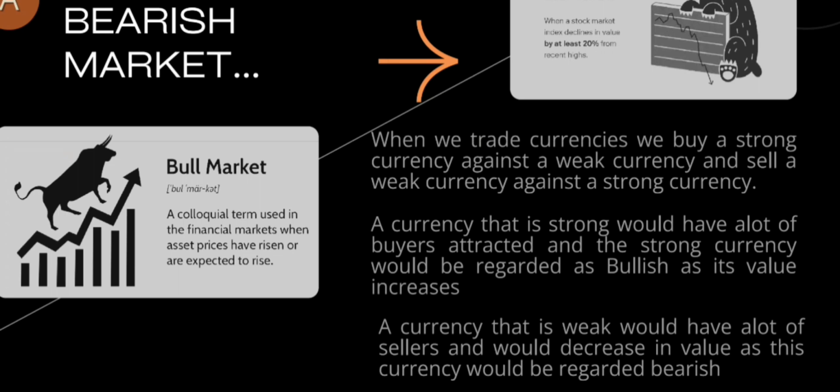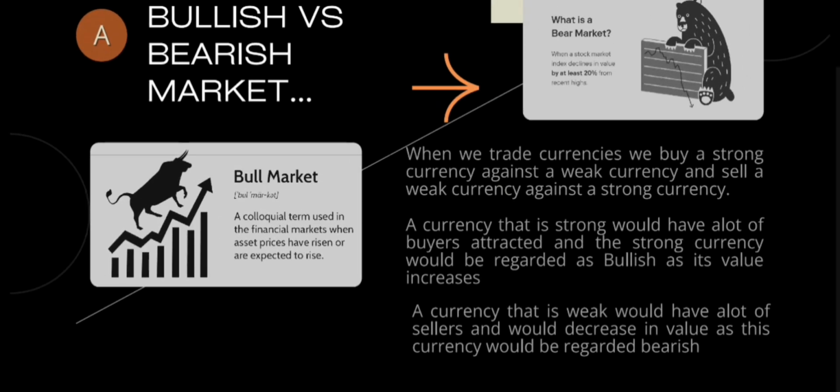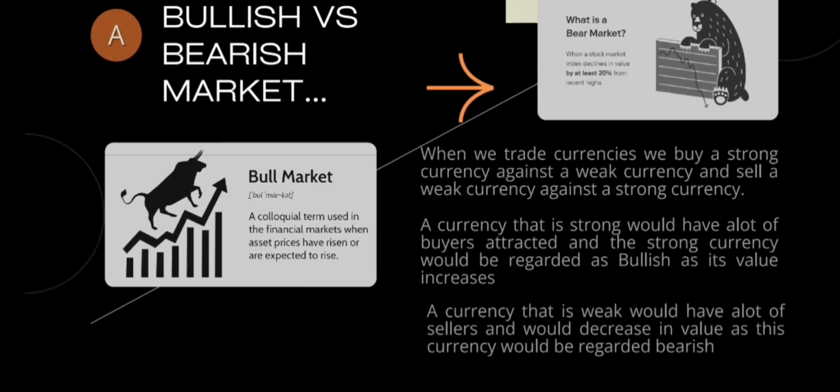A currency that is strong would have a lot of buyers attracted, and the strong currency would be regarded as bullish as its value increases. A currency that is weak would have a lot of sellers and would decrease in value, as this currency would be regarded as bearish, right?